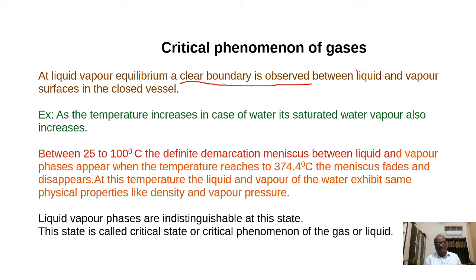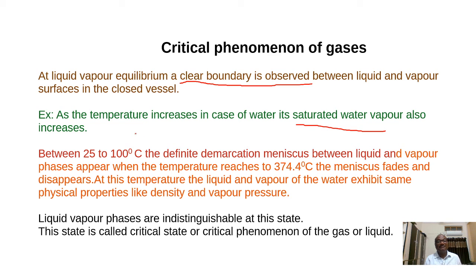Suppose we observe water at room temperature under given experimental conditions, the saturated water vapor and the liquid will exist in equilibrium. There we can see a clear boundary between the water vapor and liquid water.